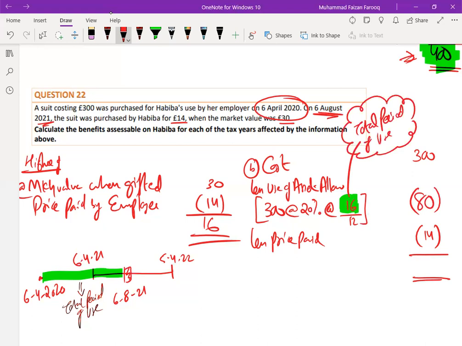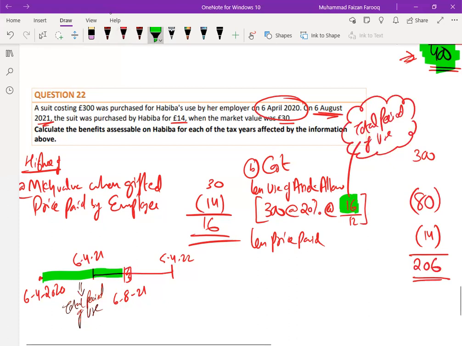But here you can understand it better because in this question, we have more months. So I hope the concept is clear now that use of asset allowance means cost into 20% into total period of use. So 300 minus 80 minus 14, we are getting 206.